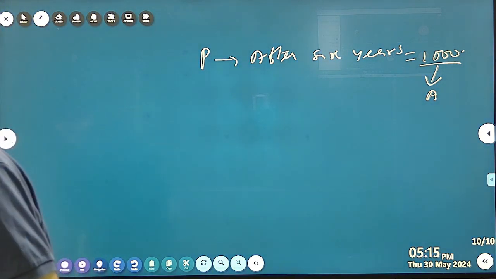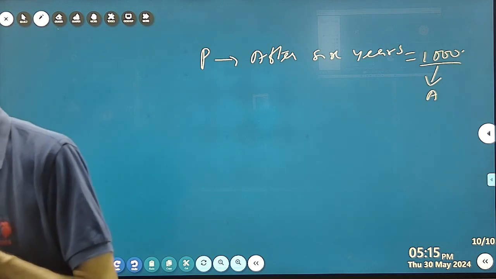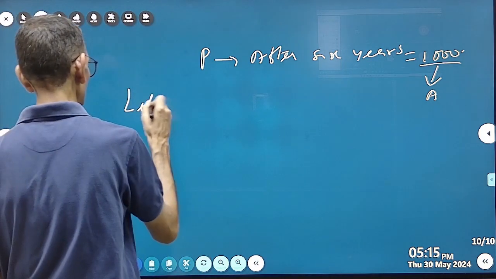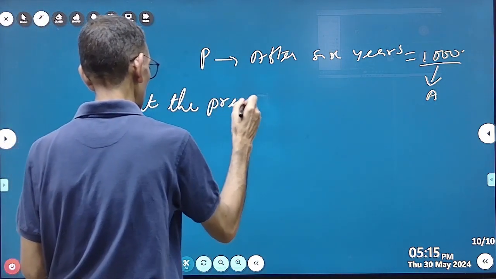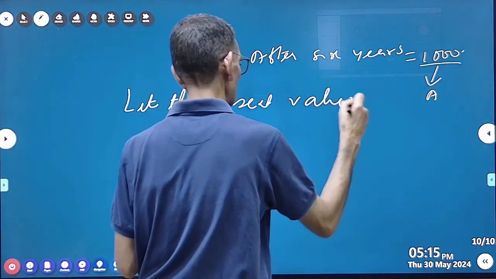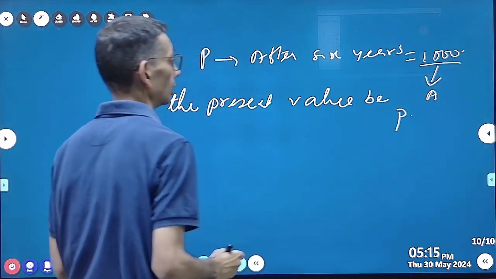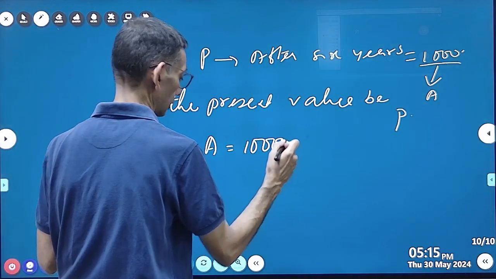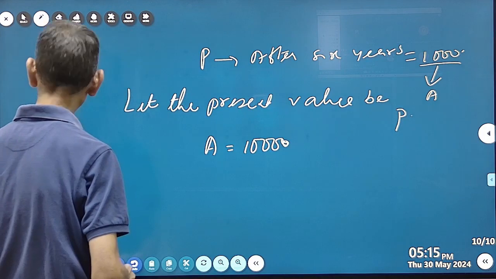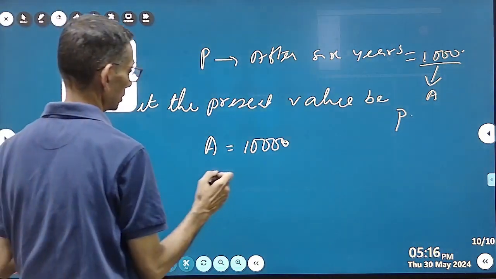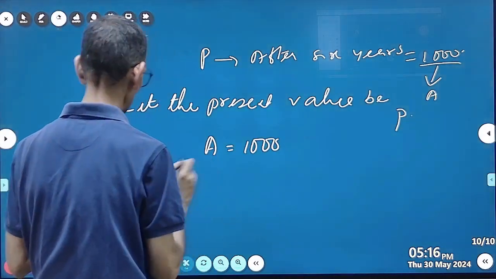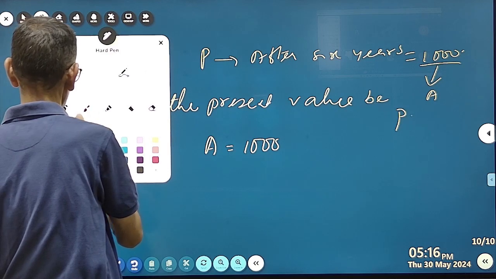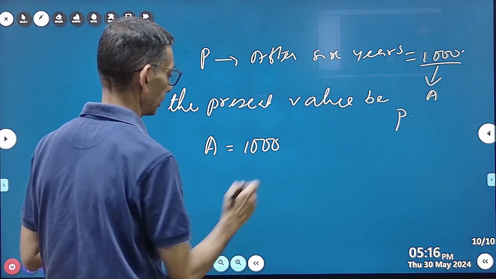If the rate of compound interest is 6% per annum, let the present value be P. Present value is P and amount is equal to 1000.